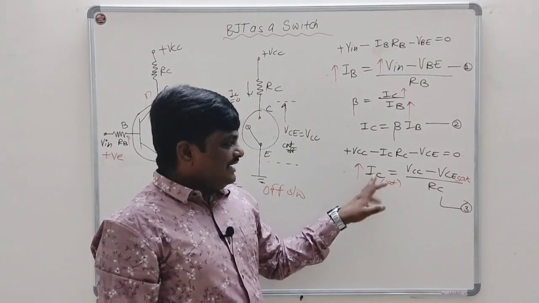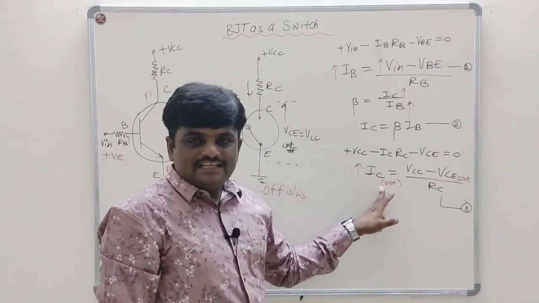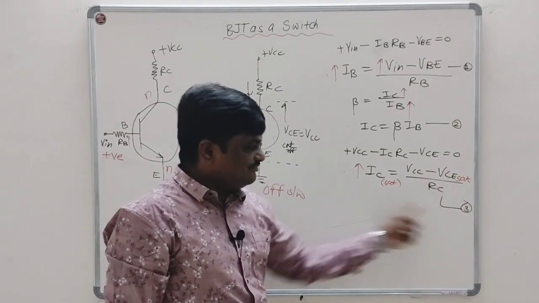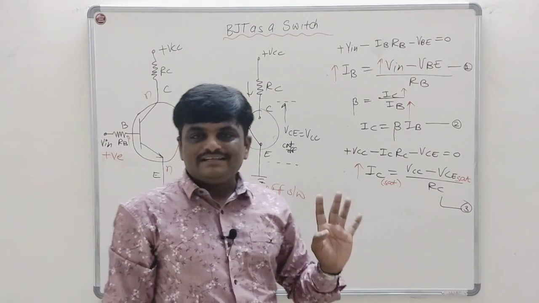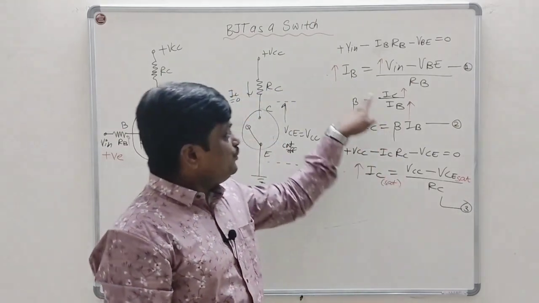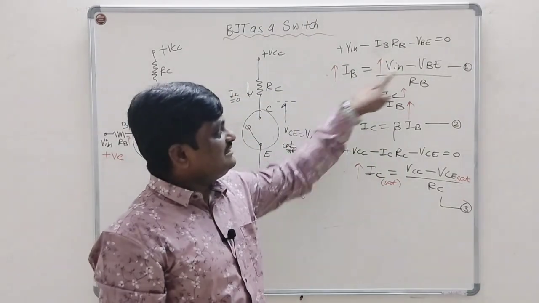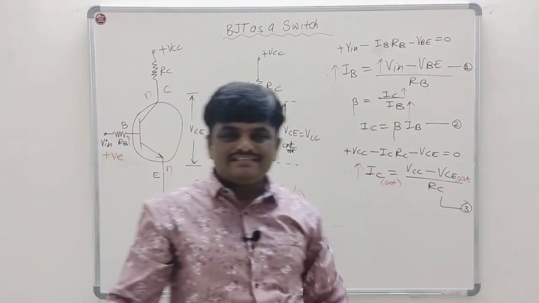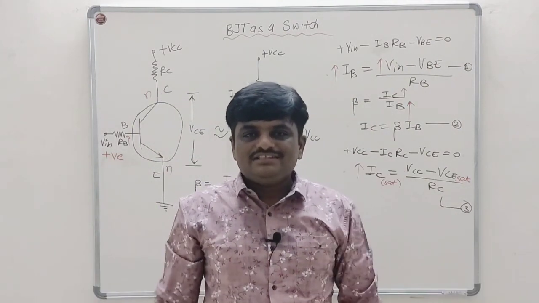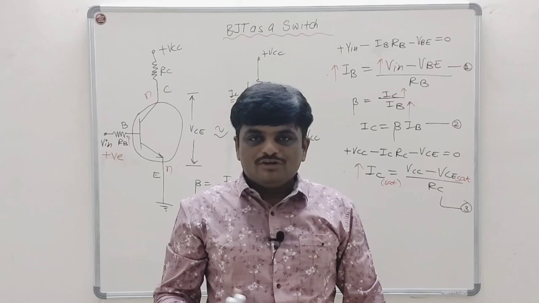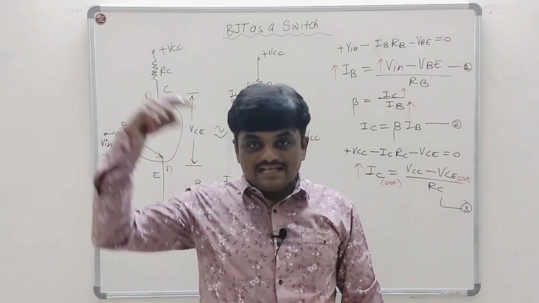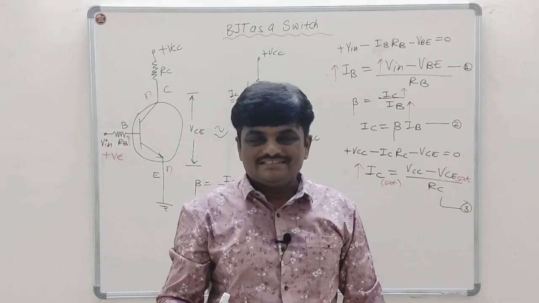So the maximum value of the collector current will be given by this equation number 3. Beyond that, it cannot be increased though you are increasing the base current, means though you are increasing the input. This is called saturation point. So when transistor reaches the saturation point, there will not be increase in collector current though there is increase in the base current.